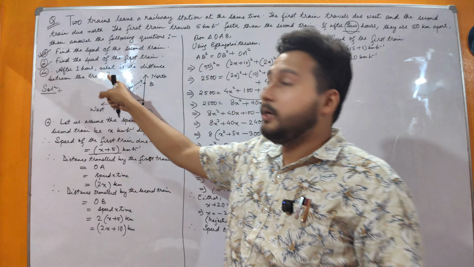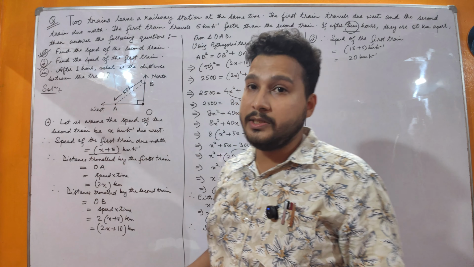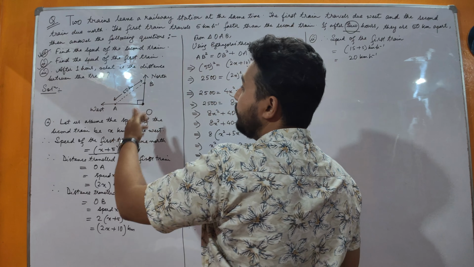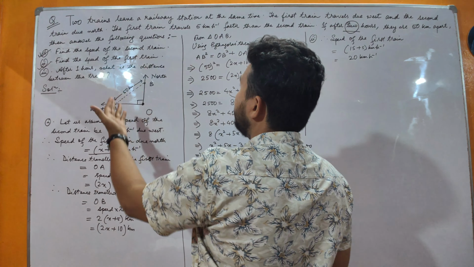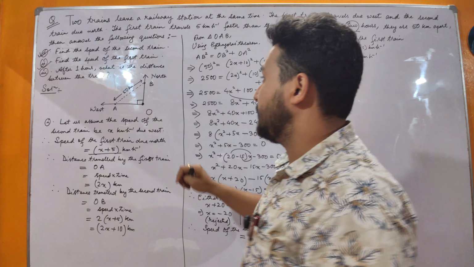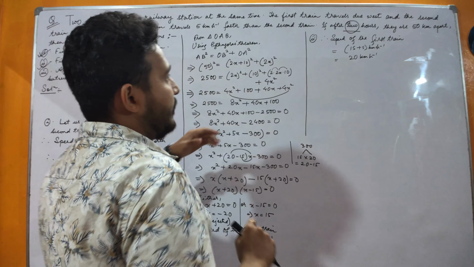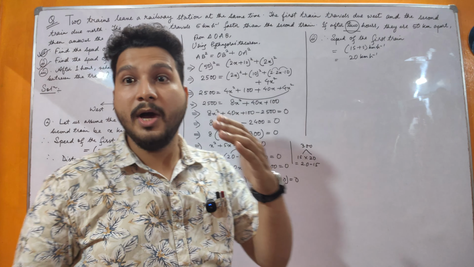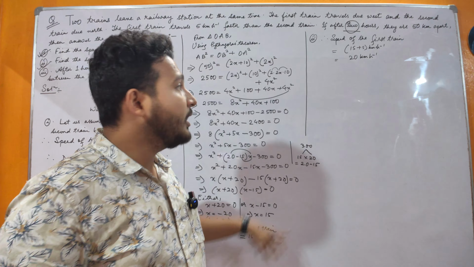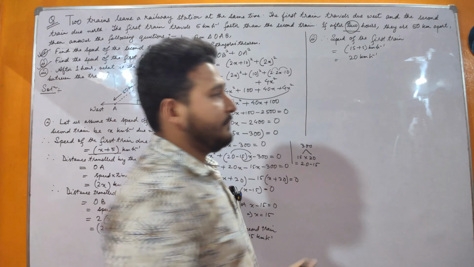After 1 hour, what is the distance between the trains? In the question, it was given after 2 hours. Now, after 1 hour, we have got the speeds 15 kilometer per hour and 20 kilometer per hour.